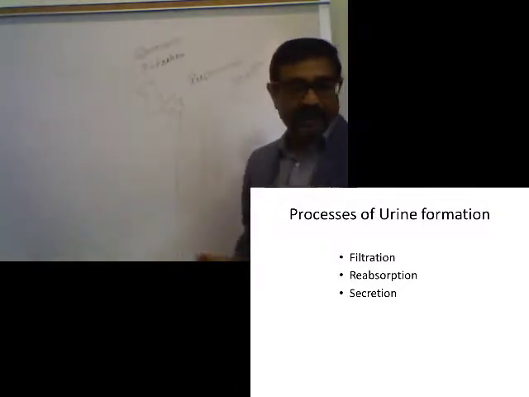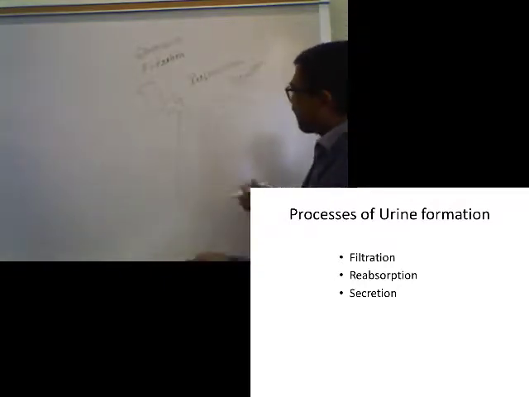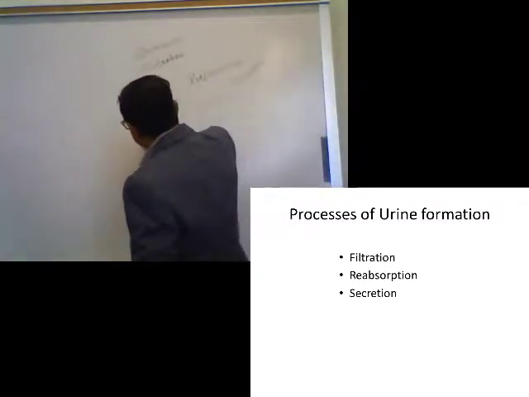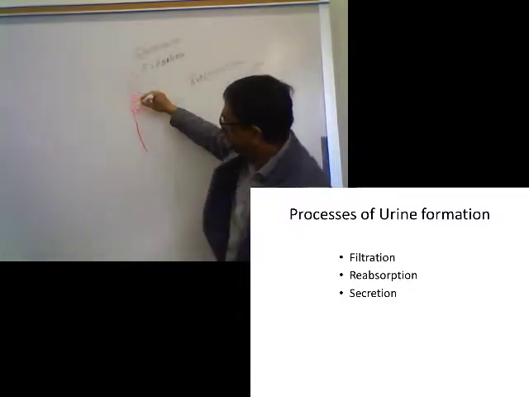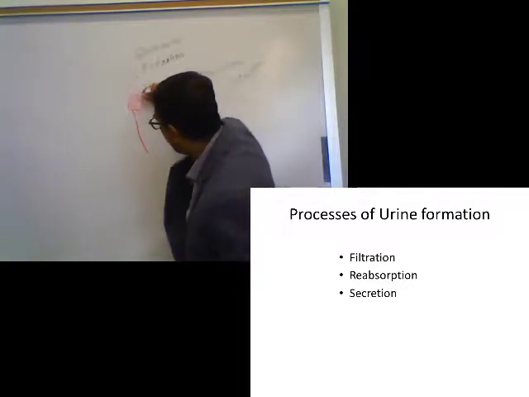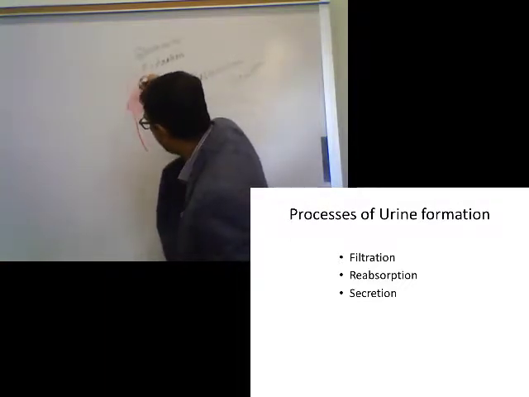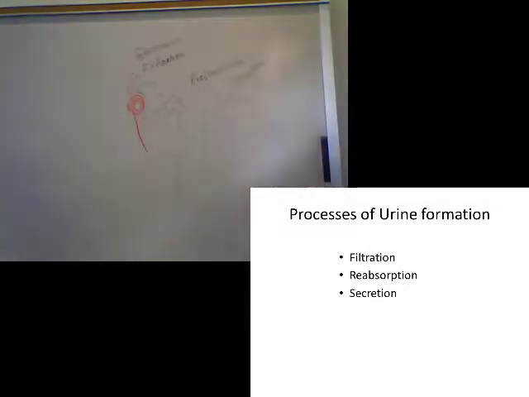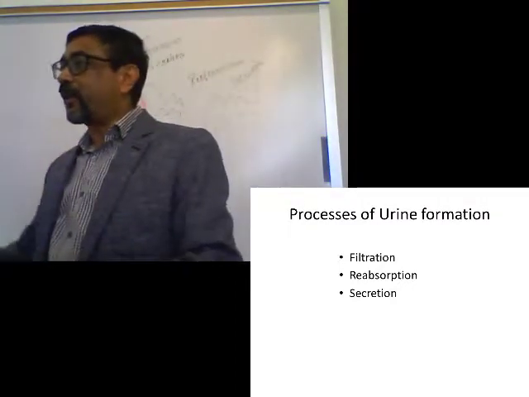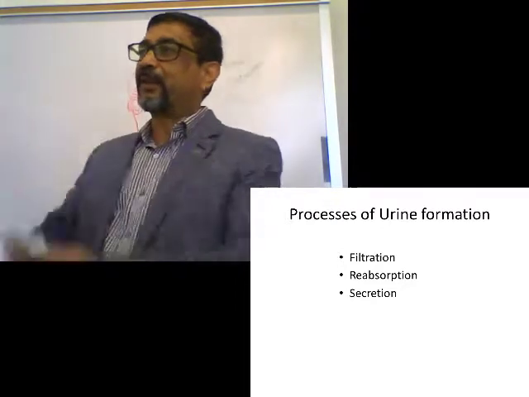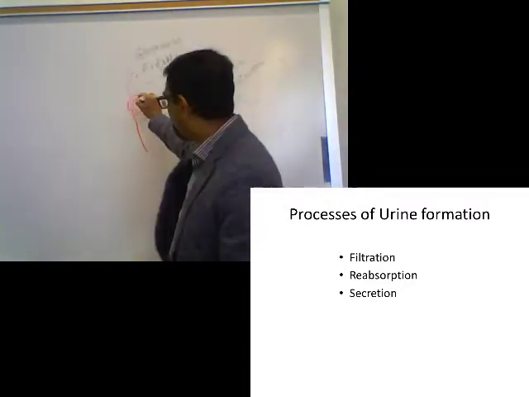Glomerular filtration occurs here. You know, afferent arteriole, then the ball of capillary here, that is called the glomerulus. We have talked about that in last class.